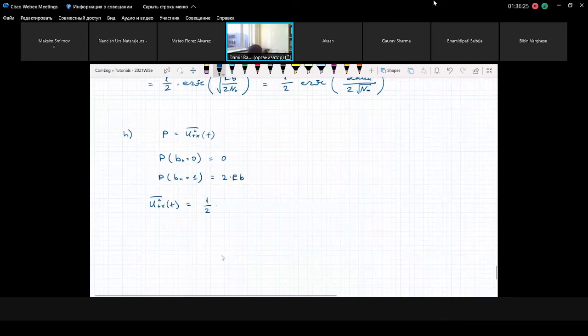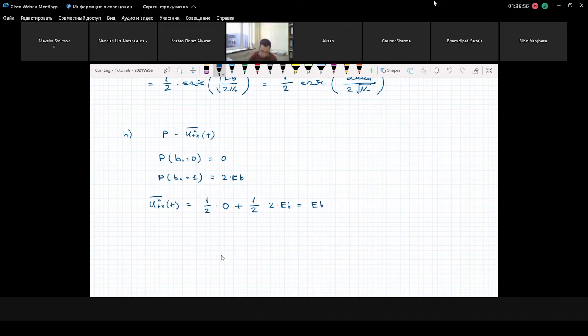But the first coefficient is probability 1/2 times the value of power, which will be 0, plus 1/2 times the power for Bn equals to 1. And we get that the average power will be EB, so average energy per bit. Somehow it's confusing.